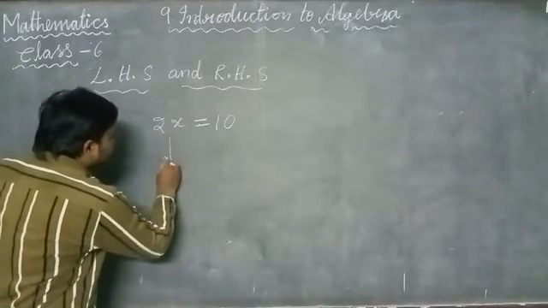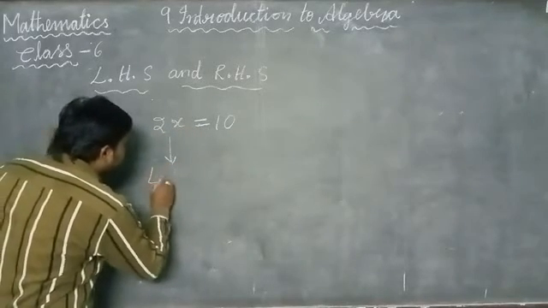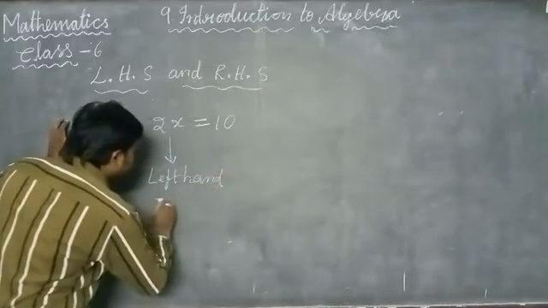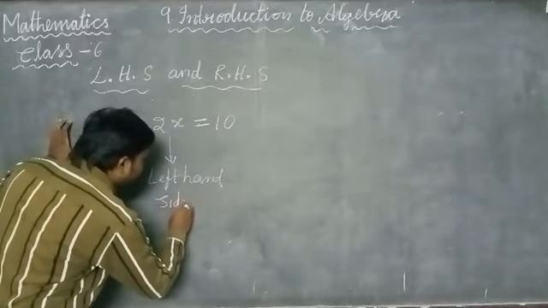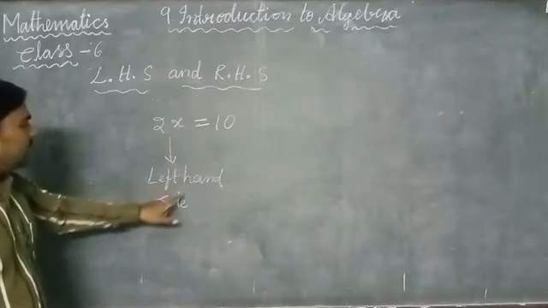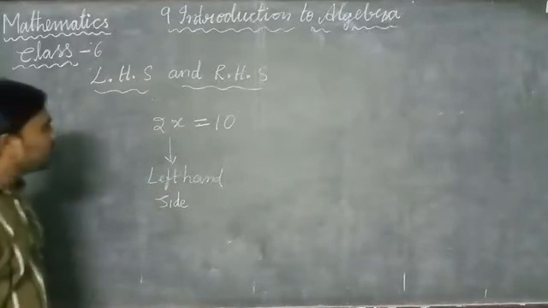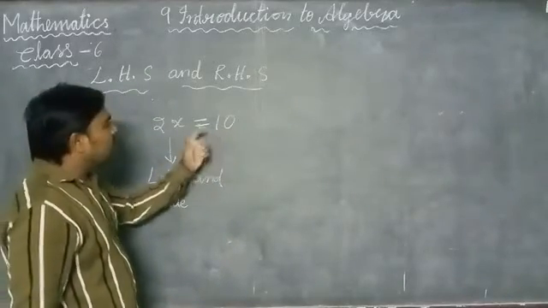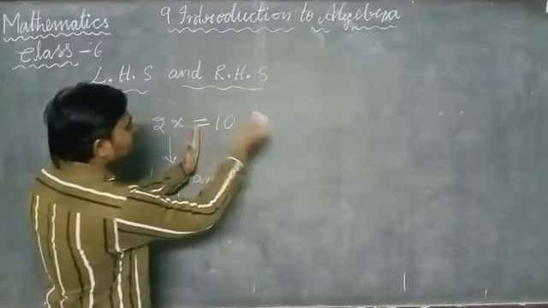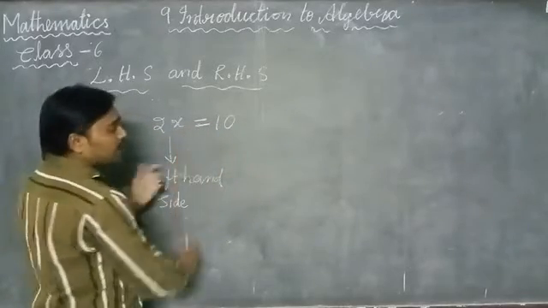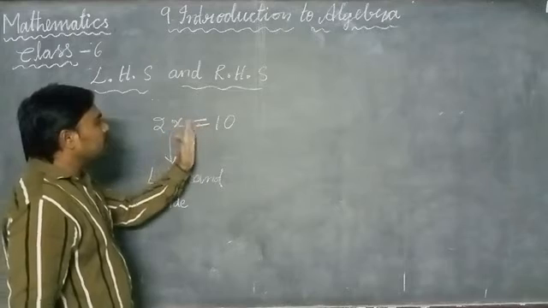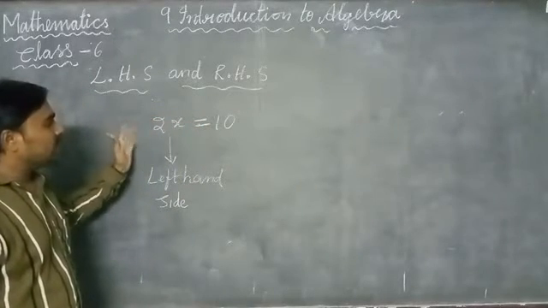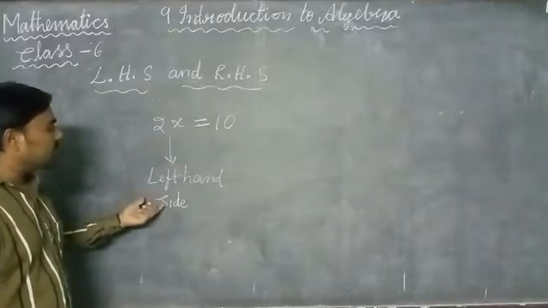So this part is called the left hand side. The short form of left hand side is LHS. Like that, 10 lies on the right side of the equals sign. If any part lies towards the left side of the equals sign, it is treated as the left hand side.